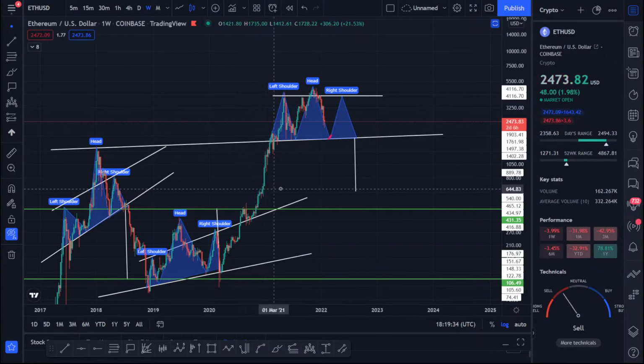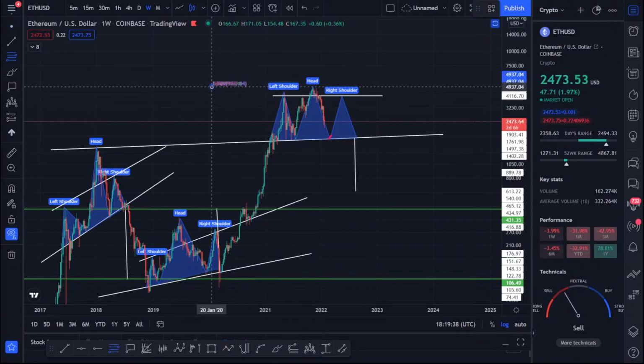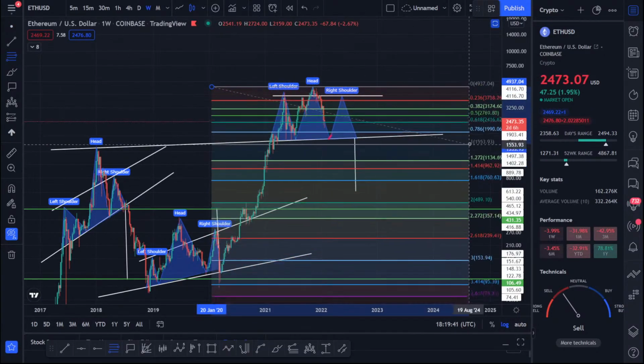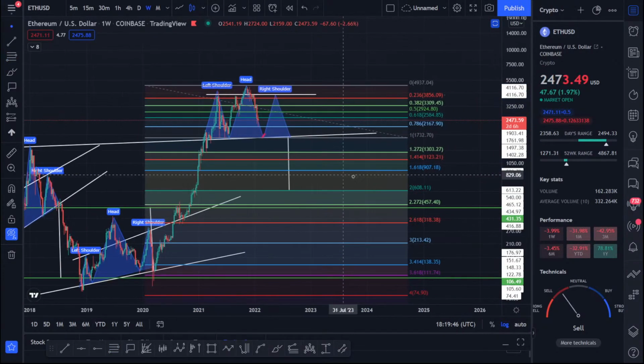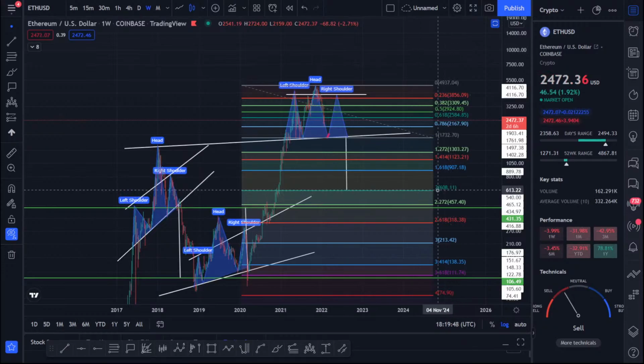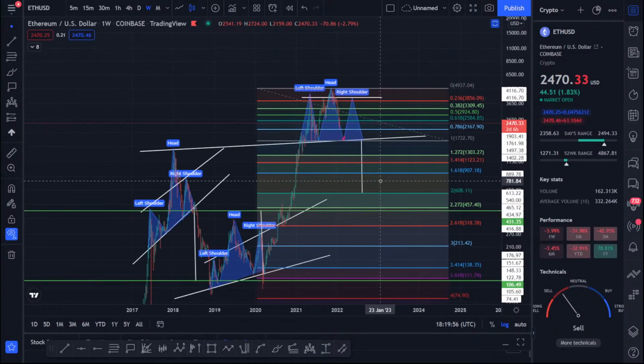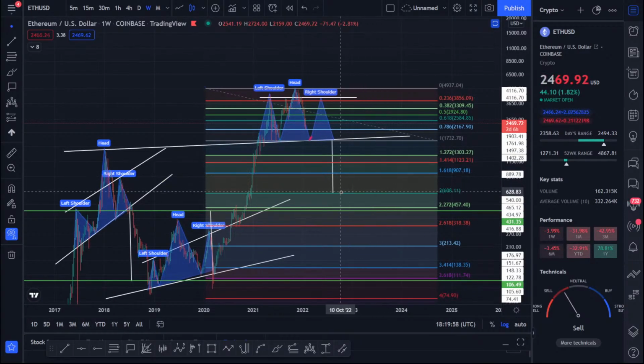Even if we take our Fibonacci and judge it, right over there is the neckline. You can see it's coming to the 2 level, which sits at $608. I'm not saying this will happen because I think it's impossible. Well, you never know. It's just hard to believe it can go to $608.